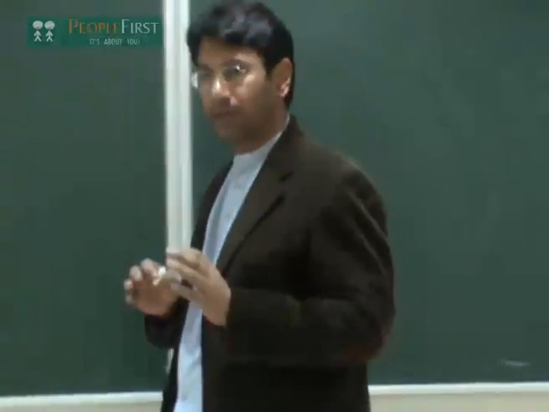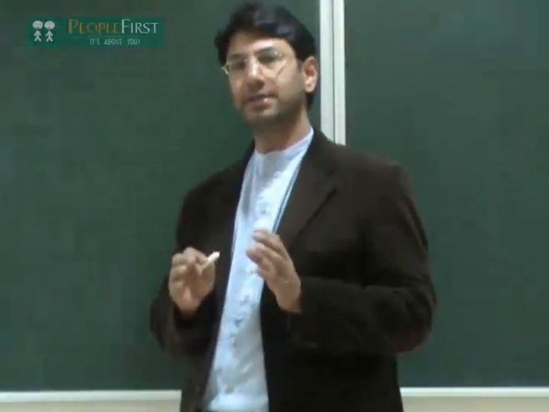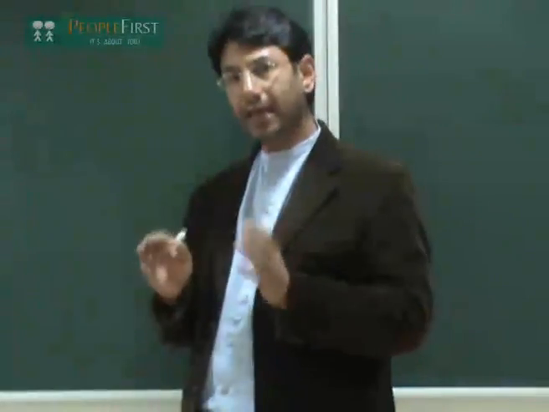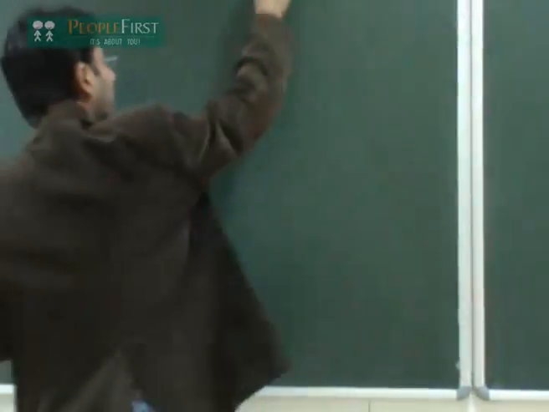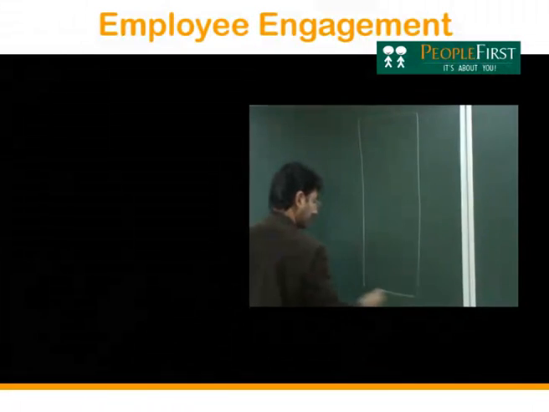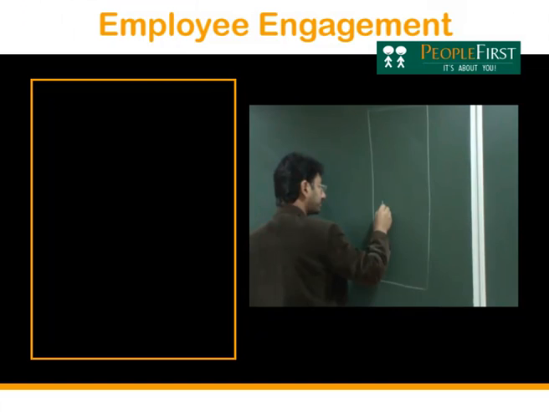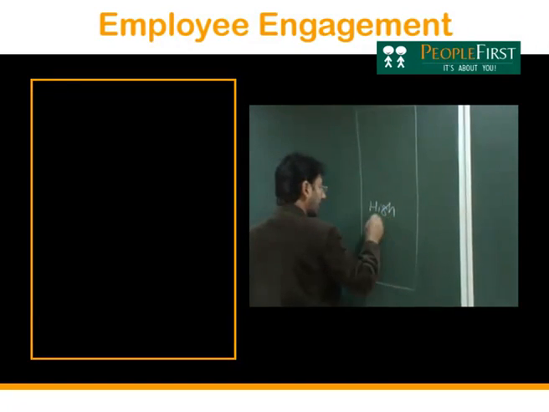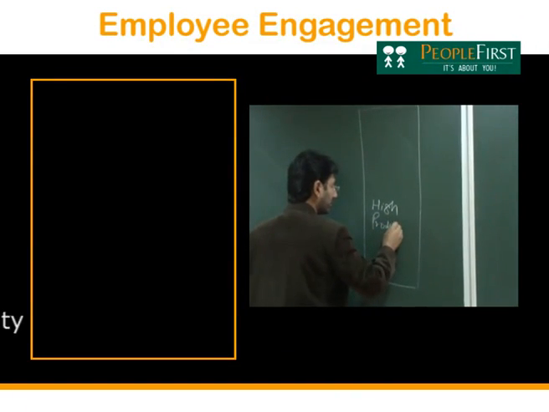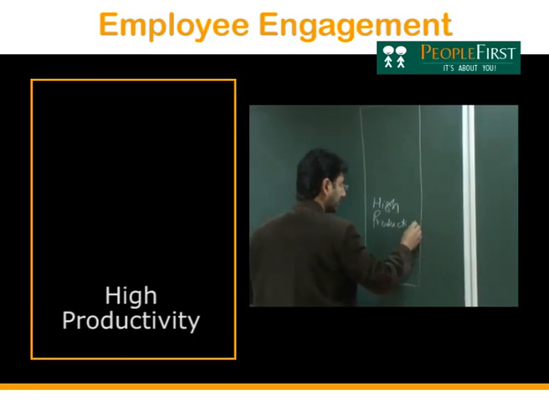Now that we've covered what employee engagement is, let's try and see what some of the elements in employee engagement are. So let's start putting this down over here. So employee engagement results in high productivity.